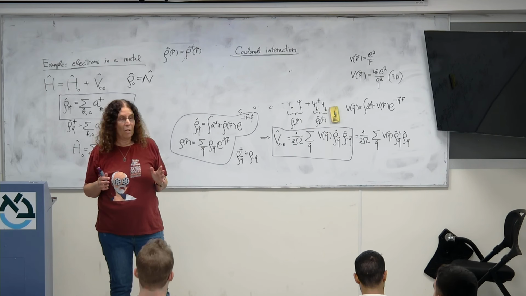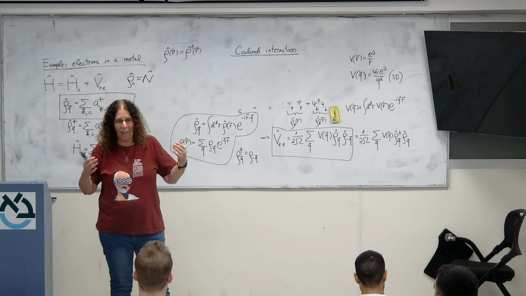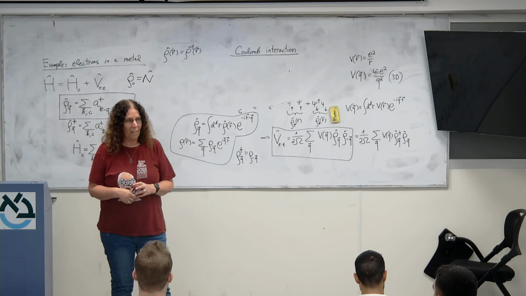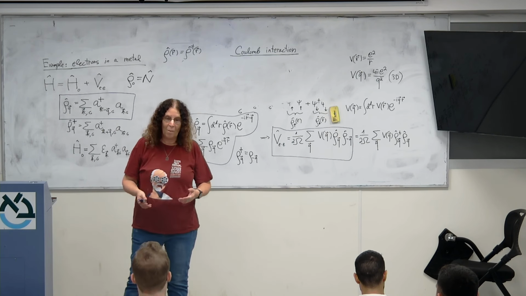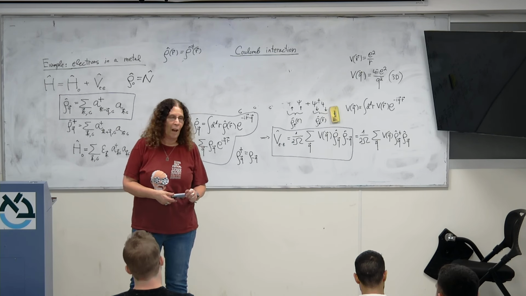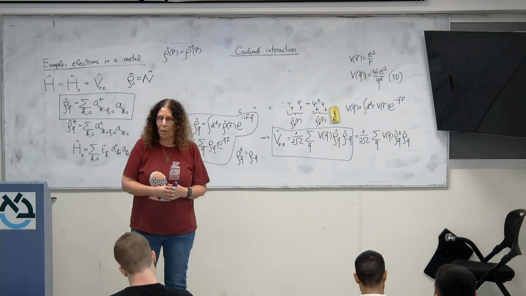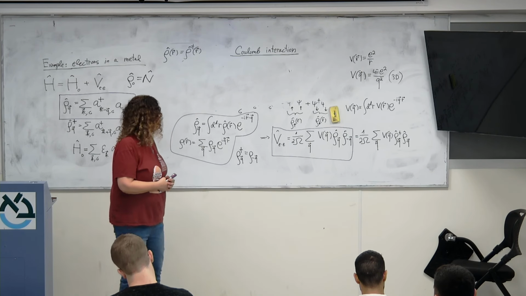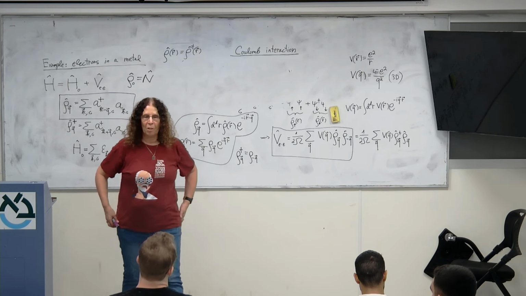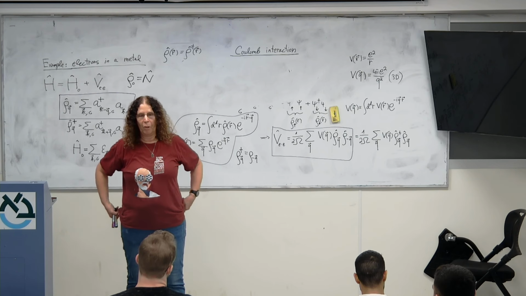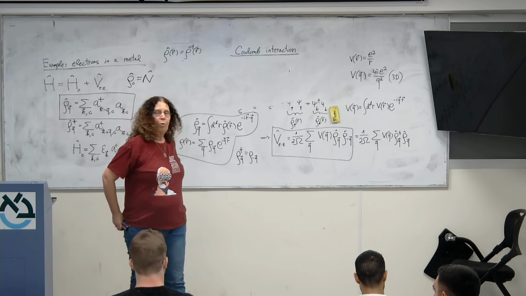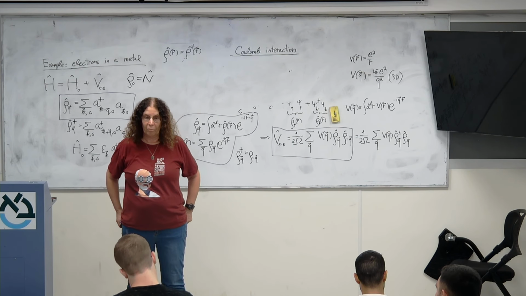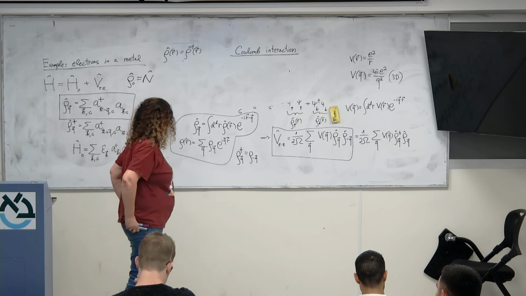Why? Because we're talking about electrons in a material. The material as a whole is electrically neutral, because there is also the positive background, or the positive ions if you're talking about the crystal, so it cancels with the positive background, on the average. So in fact, it doesn't contribute anything, and we don't have to worry about it.